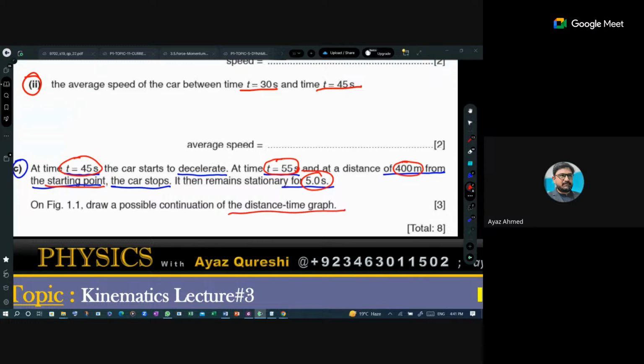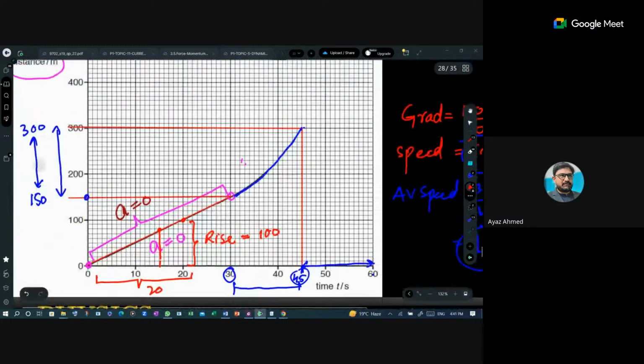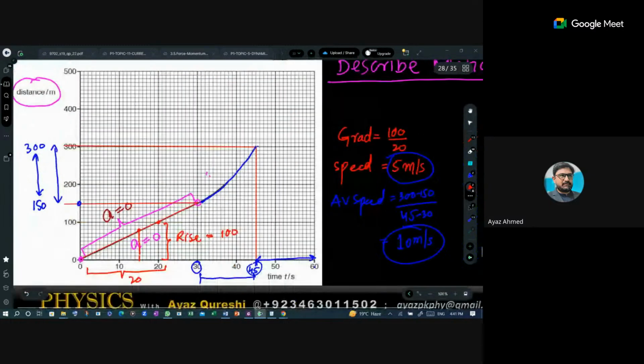Draw the graph. First of all, I have to select the 55th second from here. So where is the 55th second? It is 1, 2, 3, 4, 5. Here is my 55th second. And this is my 400 meters line.